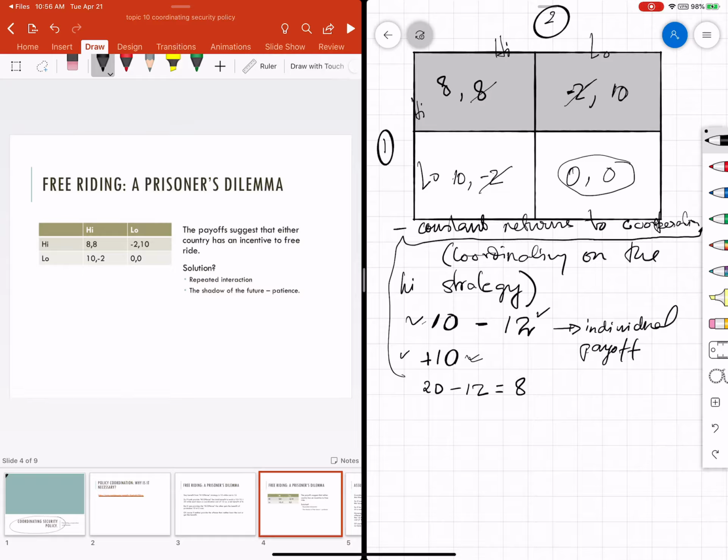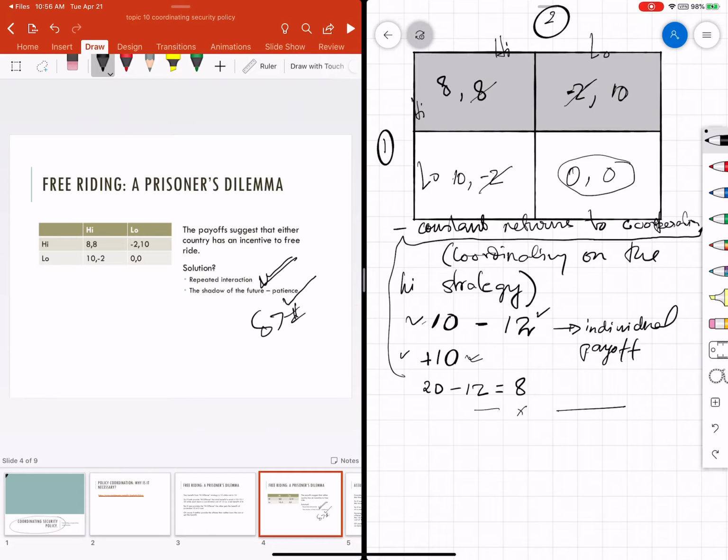Oh, by the way, how do we solve prisoner's dilemmas? Well, remember, solving prisoner's dilemmas requires repeated interaction and patience. That's the whole delta thing. The delta has to be bigger than some number, right?